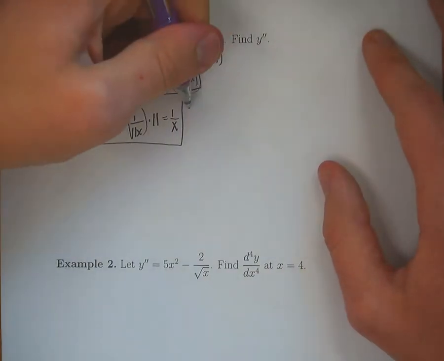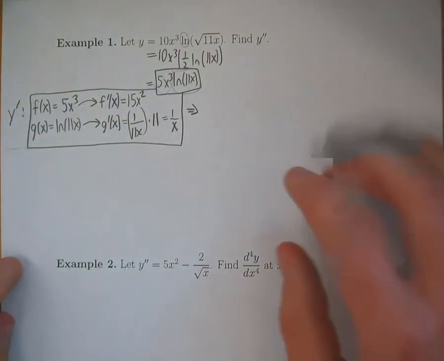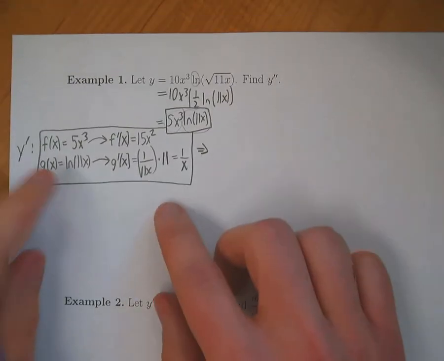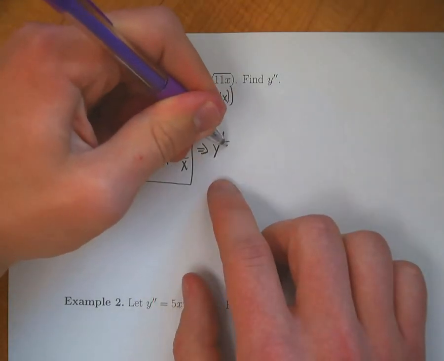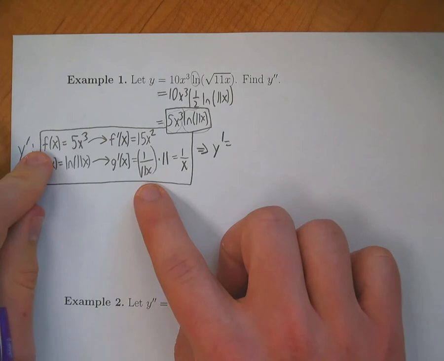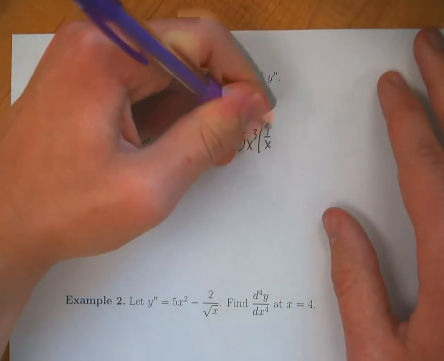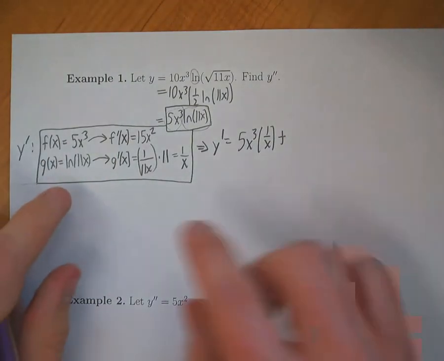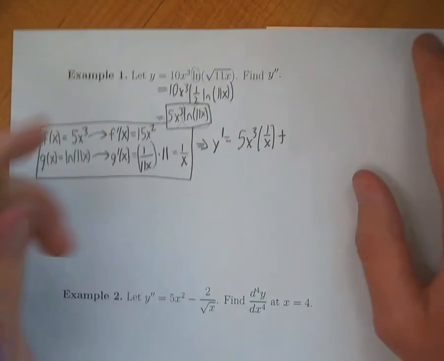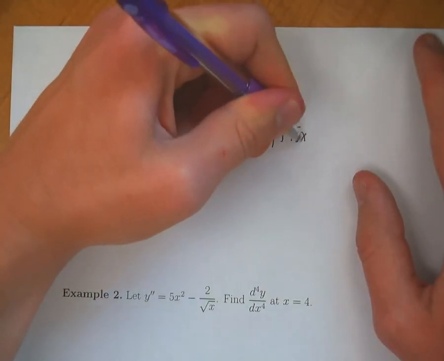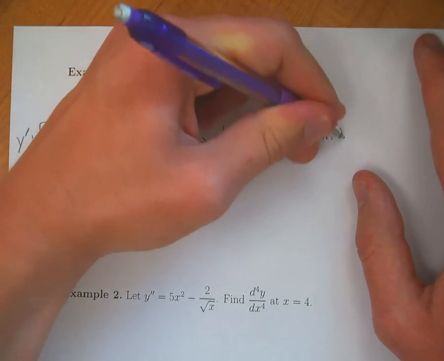So the product rule will then give you that y prime is equal to f times g prime, so 5x cubed times 1 over x, plus g times f prime, so 15x squared times natural log of 11x.